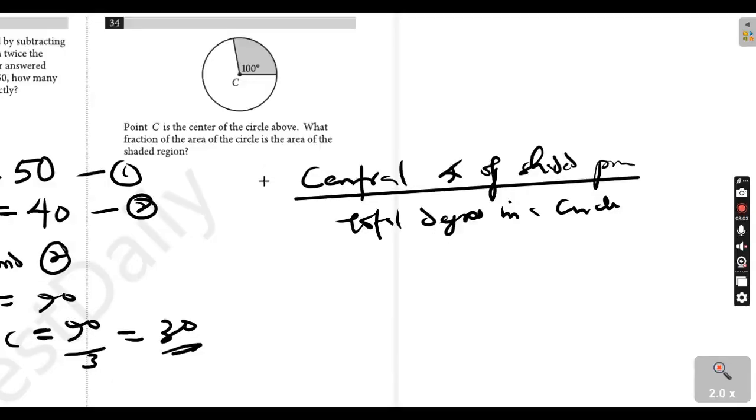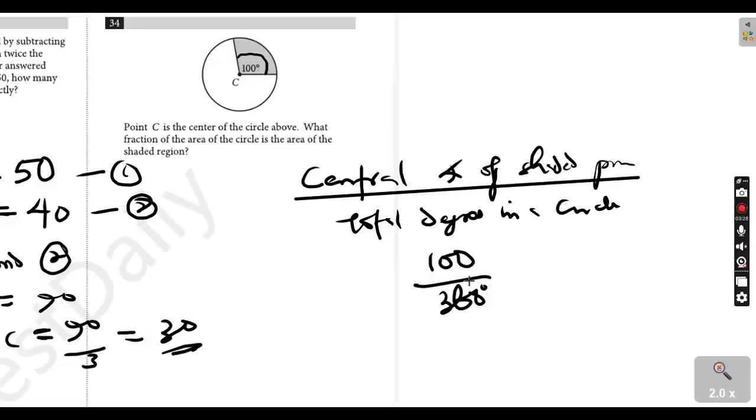But here you are not required to use pi r squared or theta over whatever. Since they already gave you 100 degrees to be the angle subtended by this sector, we are going to use 100 over the whole circle, which is 360 degrees in this case.